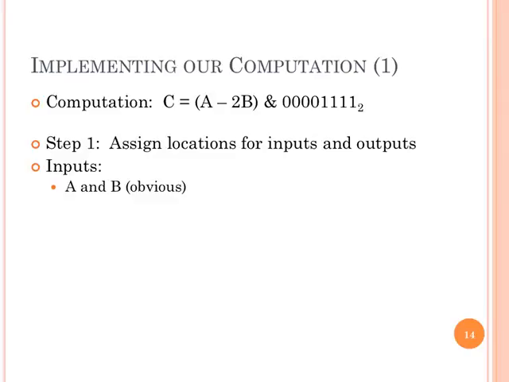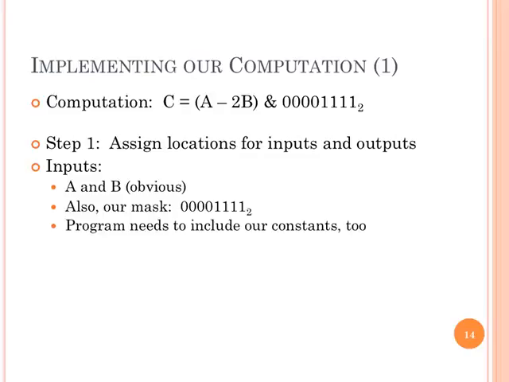Do we know that 00001111 is already stored somewhere in our computer? We don't. So we also have to make sure that our program includes the constants that we need. And 00001111, I should just say 15 because that's its value in base 10. We need to make sure that that value is available somewhere. So we need to have a location for that as well.